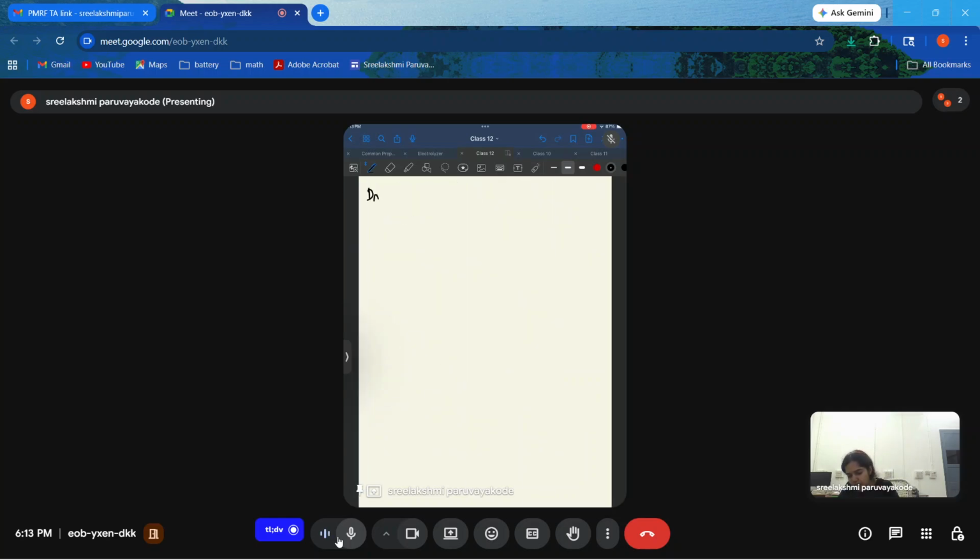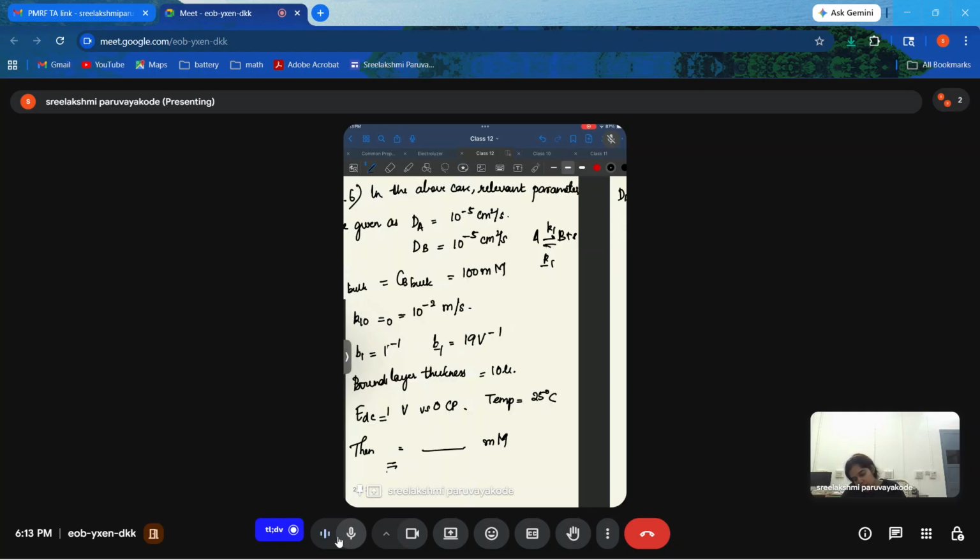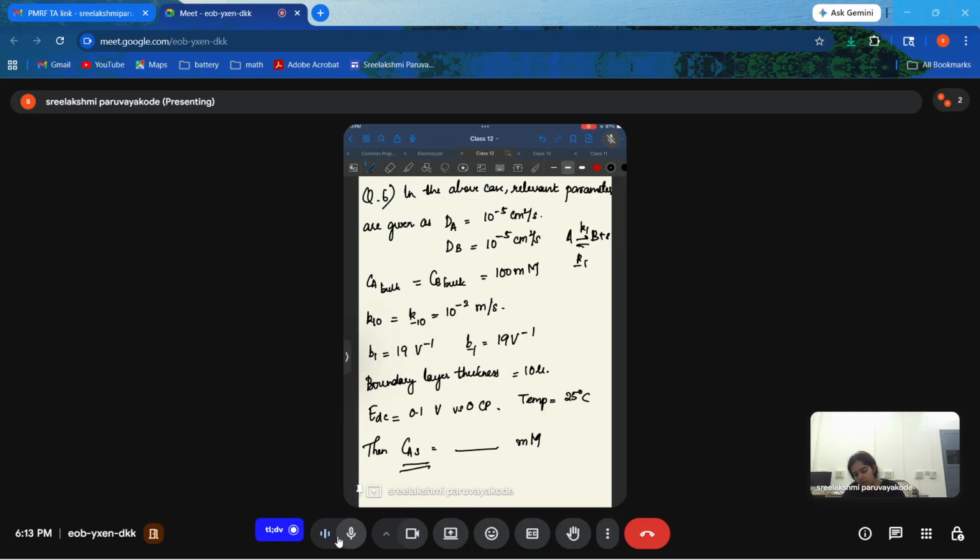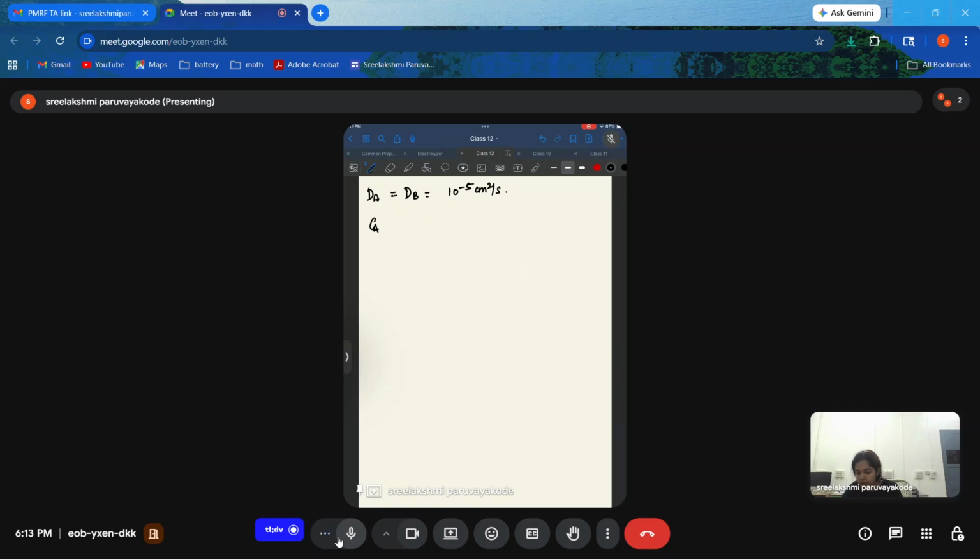So DA and DB are given as 10 to the power minus 5 centimeters square per second. We have nothing to convert in this. Now, CA bulk equal to CB bulk is equal to 100 millimolar. Yes, we have to convert. It equals 100 into 10 to the power minus 3 molar.